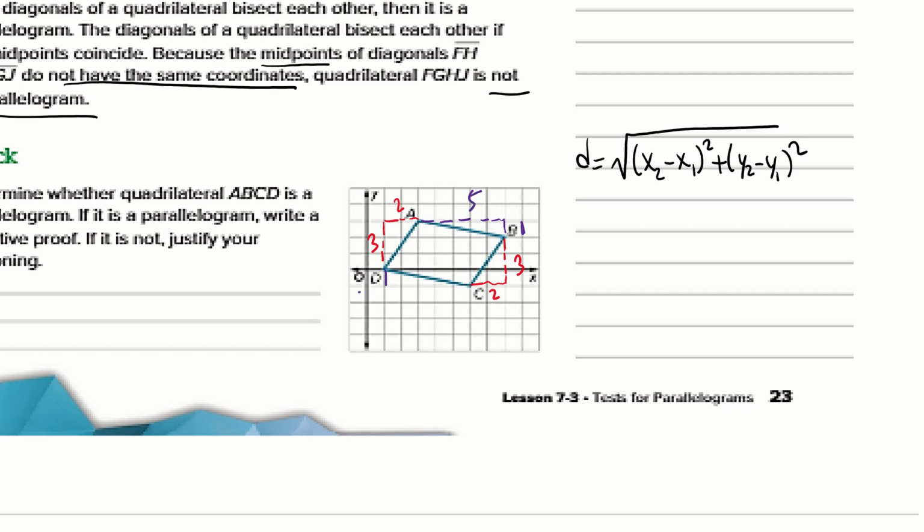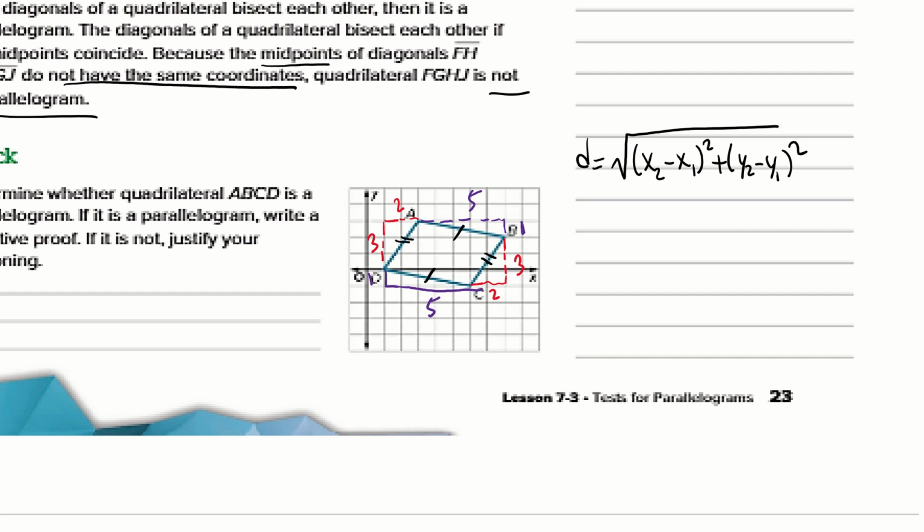And same thing here, this goes down 1 and over 5. So you can clearly see that this is 1, 5, 1, 5. So these are congruent. They have to have the same length. This is 2, 3, and 2, 3. So these have to be congruent. And therefore the opposite sides are congruent and it's a parallelogram.